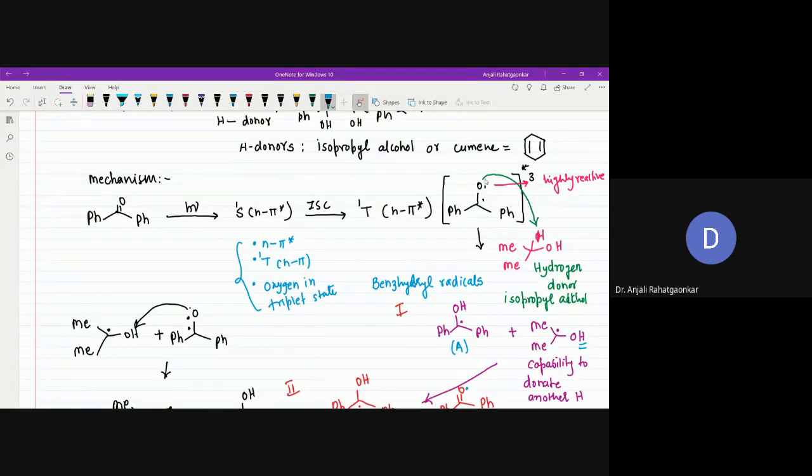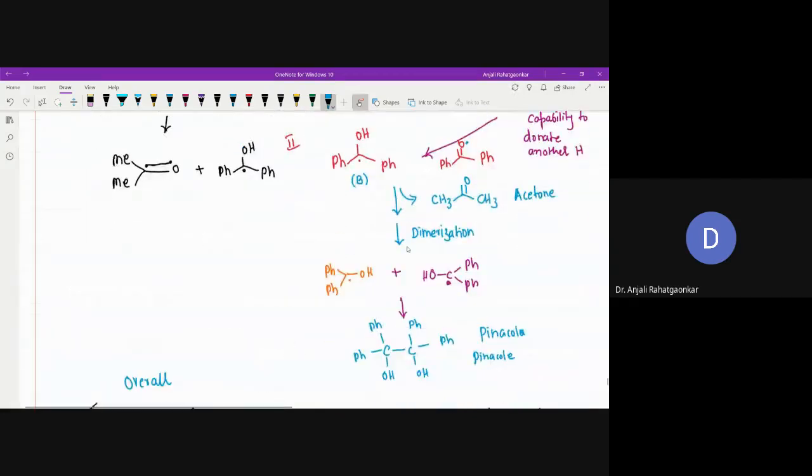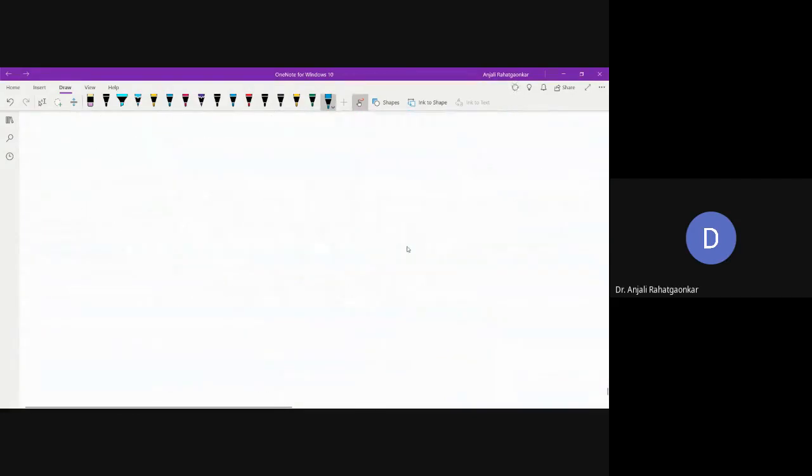So the triplet state of oxygen in n-pi transition state, this oxygen only in n-pi transition state abstracts the proton from the hydrogen donor. So this is the important point to be noted over here.